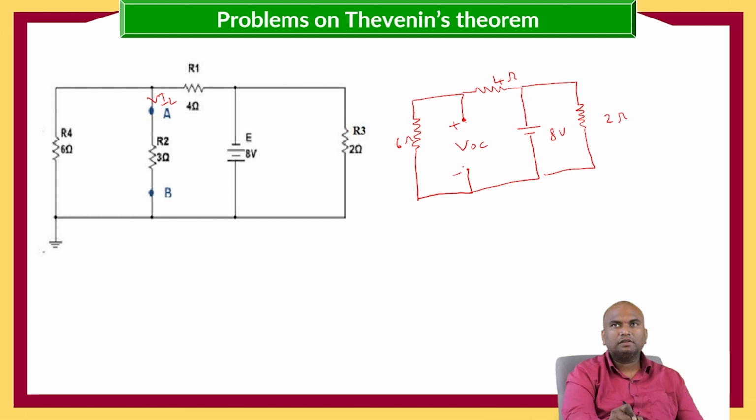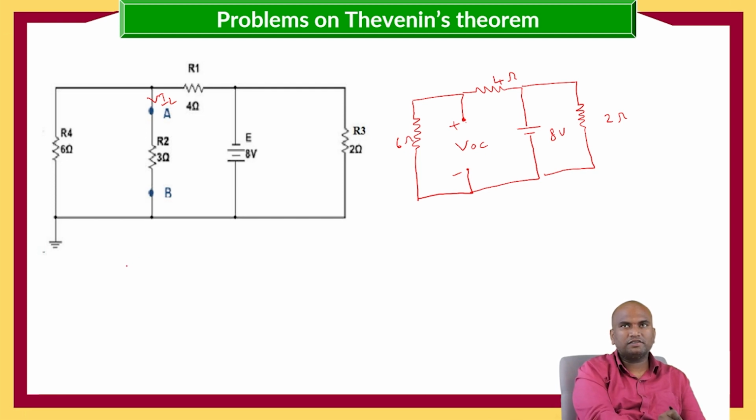terminals. So here, for calculating the VOC, we need to go with rearranging the circuit. So here I am rearranging the circuit. I am making these two terminals out and the 6 ohm resistance to the inner.